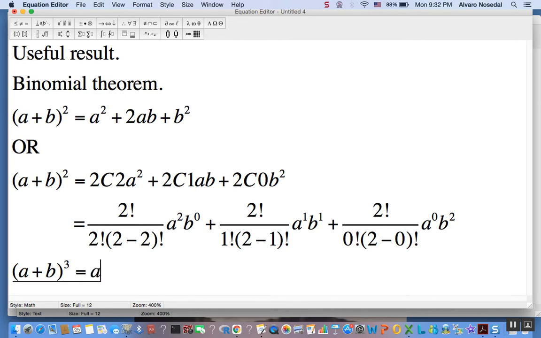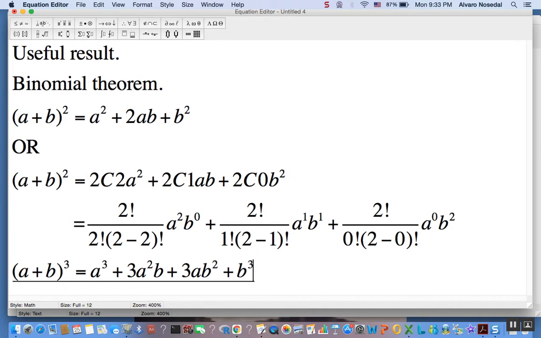This is the same as a cubed plus 3 times a squared b, plus 3 times a b squared, plus b cubed.